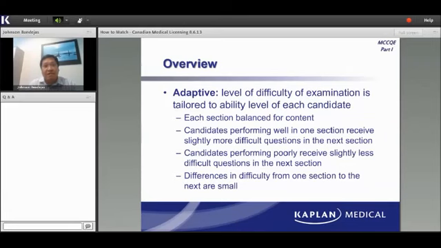Now, some questions are given with pictorial materials presented in the form of photographs, diagrams, x-rays, electrocardiograms, and graphical and tabulated materials. Once a candidate submits an answer to a particular section, he or she will not be allowed to return to that section.